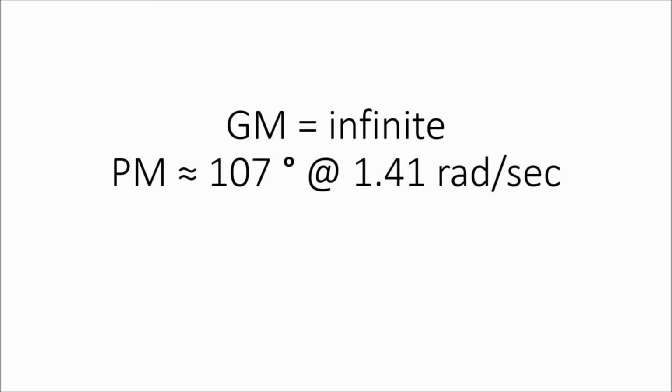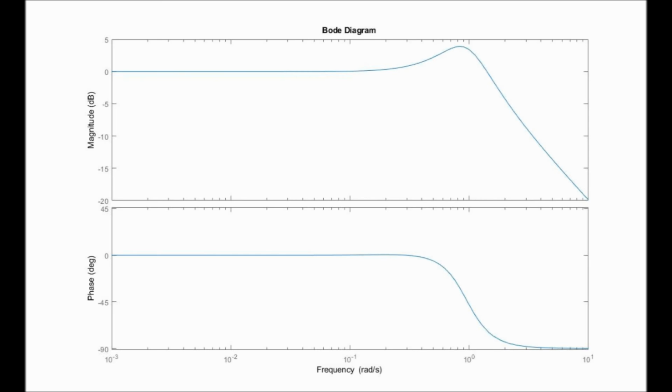To determine the robustness of our system, we used gain margin and phase margin. This accounts for perhaps improperly modeled dynamics or a poorly built controller. We determined the gain margin to be infinite because we see that the phase approaches negative 90 degrees, and negative 180 degrees is required to have a finite gain margin.